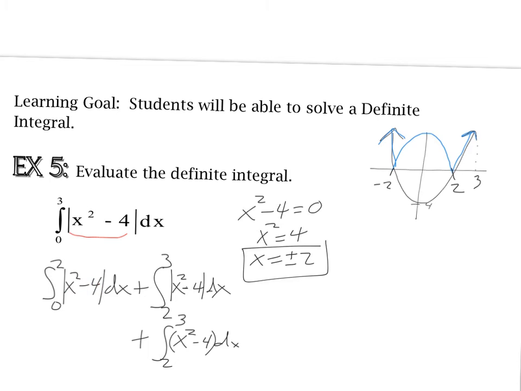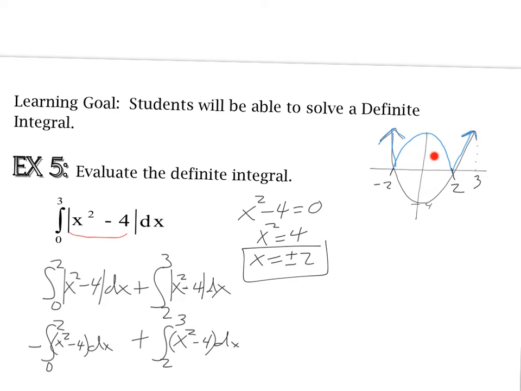This one, however, is not the same, right? Because we're looking at this positive part, not this negative part. So that means that this is very similar to, but the only thing that we'd have to change is the sign. So this is the same thing as negative the integral from 0 to 2 of x squared minus 4. Now I'm changing the sign because we can clearly see that even though we had negative area, we now have positive.